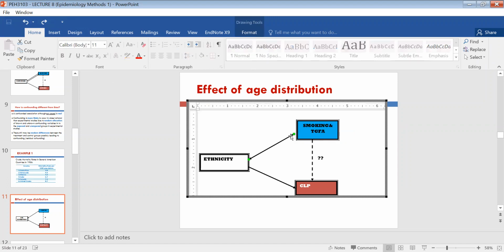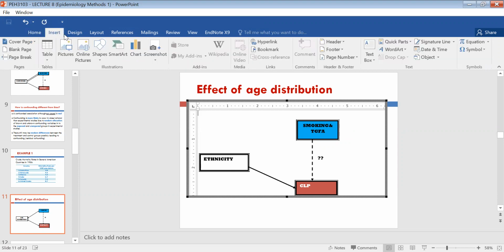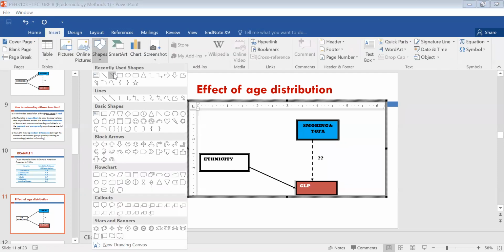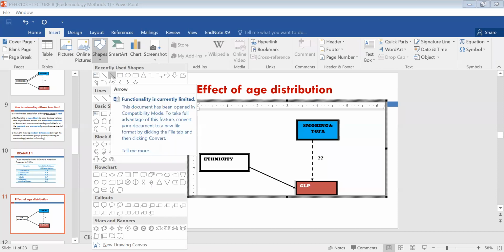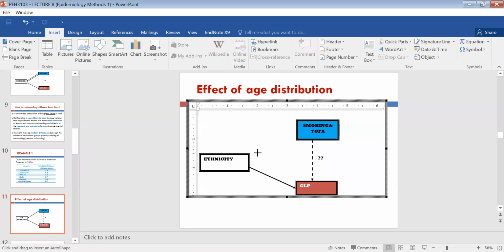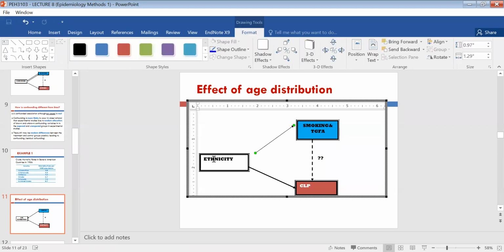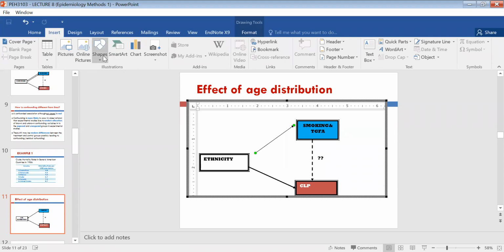So there should be two arrows, one going up and the other going down. Not really two arrows, just one. That is okay. It is only that you indicate it goes in two directions. Okay, we can have it that way.